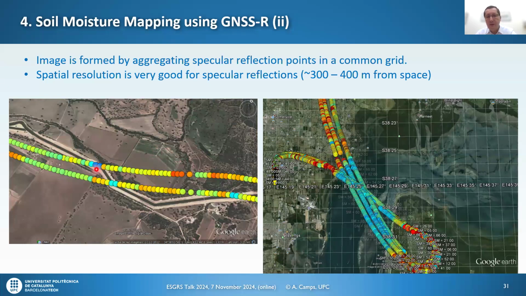And this is very important because the resolution that you can achieve, even from a satellite, if the reflection is coherent, goes from 300 to 400 meters from space using an antenna that is the size of an A4 piece of paper, which is a 6-unit CubeSat. Because actually, the spatial resolution does not depend on the antenna size. The antenna size determines the signal-to-noise ratio that you receive, but the spatial resolution does not depend on the antenna size.